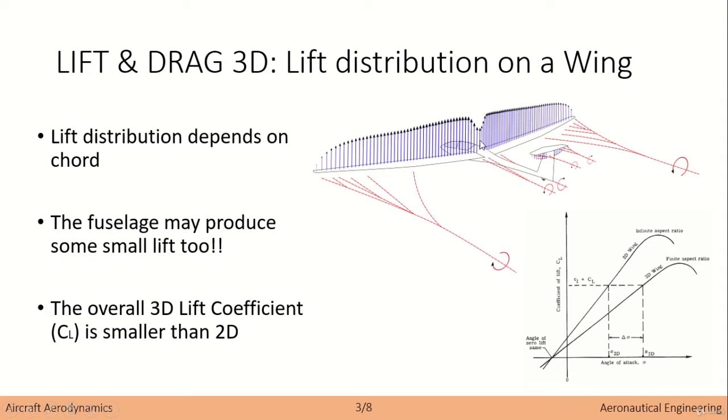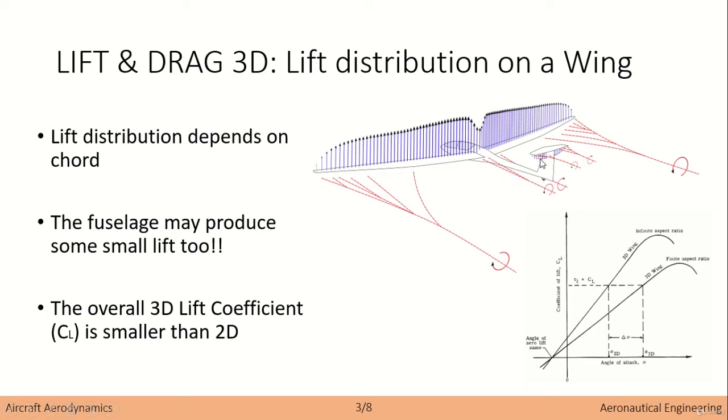Alright, you also see that the fuselage may have some kind of lift. However, as you may understand, the lift of the fuselage is really negligible compared to that of the wing. The wings are there to produce lift, and the fuselage may produce a bit of lift but not a lot.